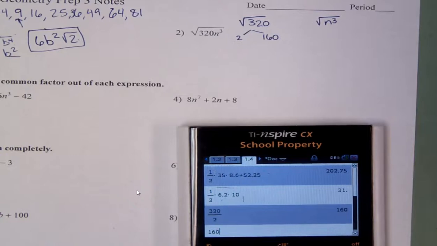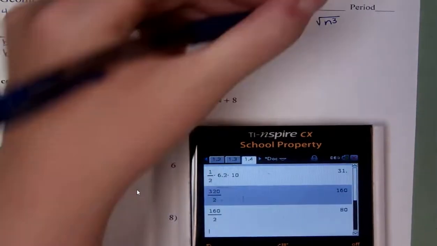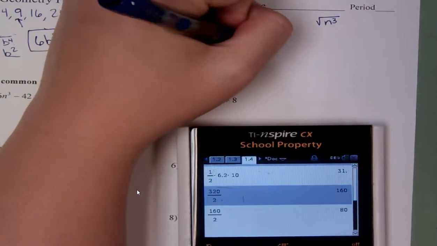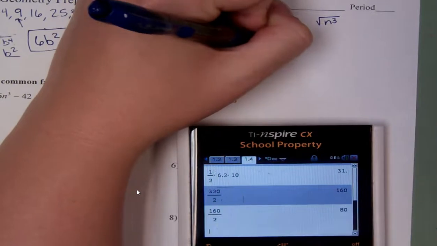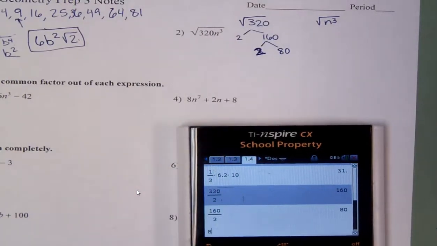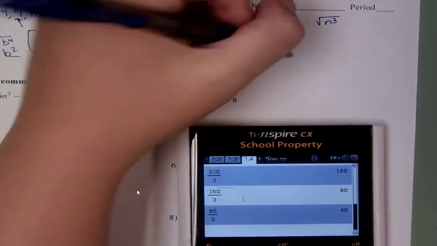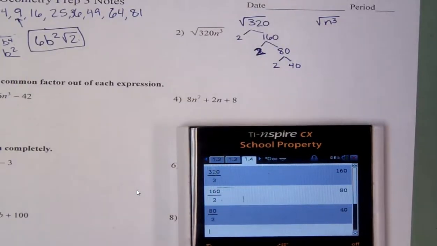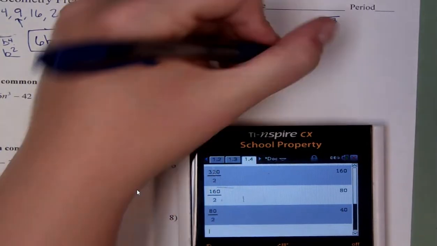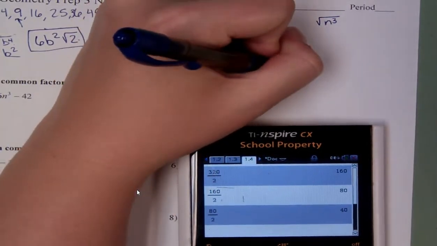So 160 divided by 2 again is, oh, I'm actually going to put this 2 over here. So 2 and 80. 80 divided by 2 is 40. And then, obviously, 40 divided by 2 is 20.